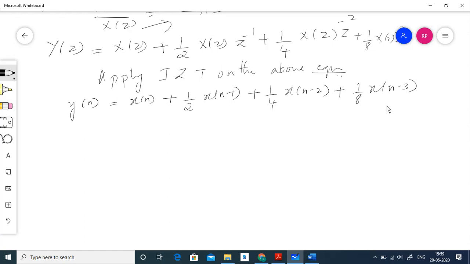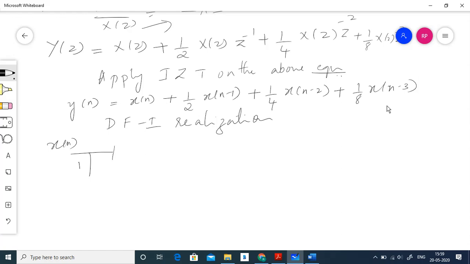Now I am going to use this particular equation to represent this FIR filter in direct form 1. So that is direct form 1 realization. What I'll do now is consider the input. In general, x of n will be the input. What is the constant associated with this x of n? It is 1. So I'll multiply that particular constant. Now I'll take the second term. In the second term, the constant is half and it is x of n minus 1.